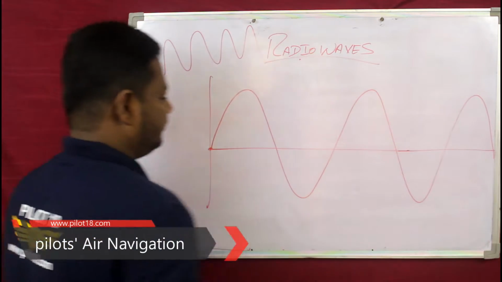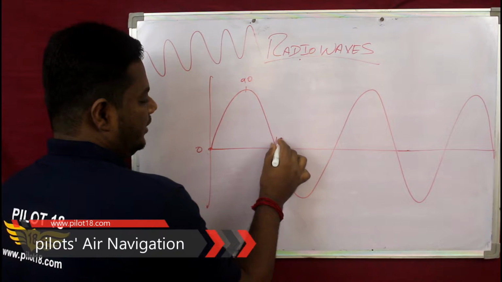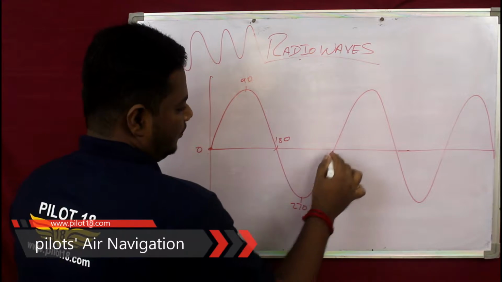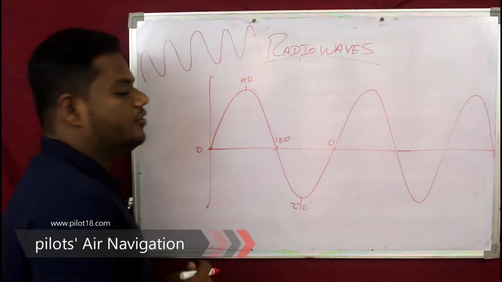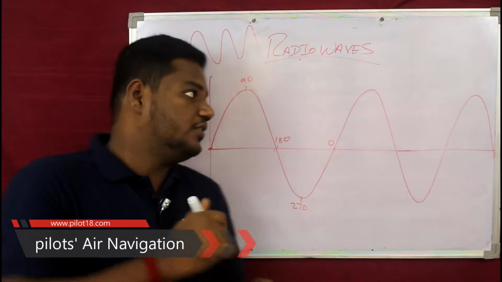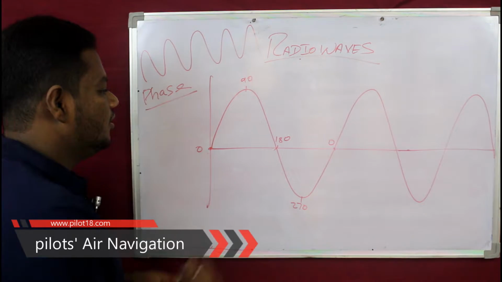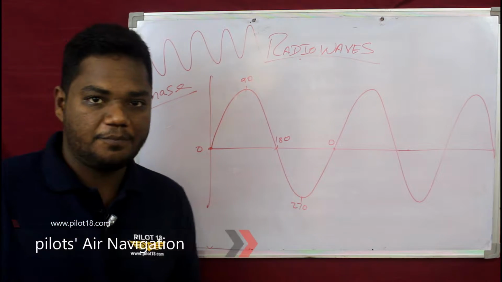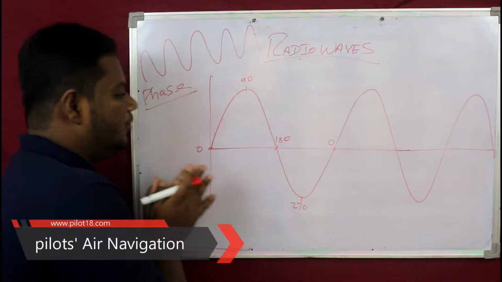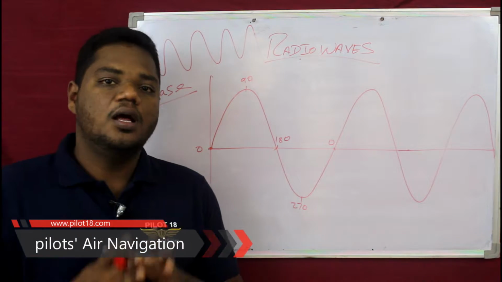And so on. So 0, 90, 180, 270, and again 0. So this is known as phase, the phase of a radio wave. Radio waves travel in phase, P-H-A-S-E. Okay. So radio waves travel in the form of waves. We need to measure the waves in some method.